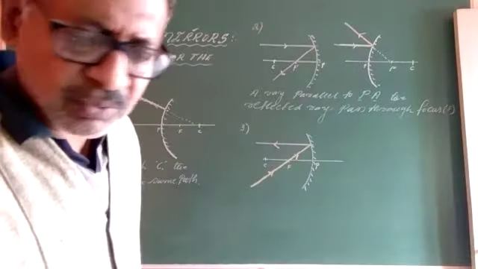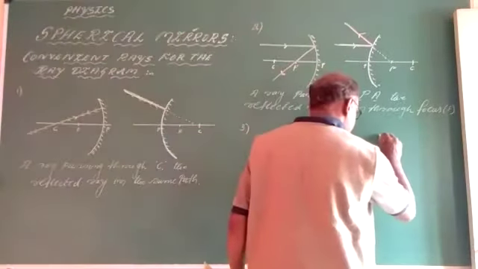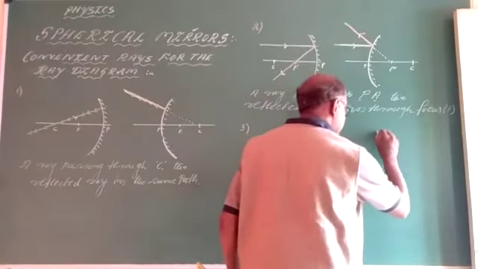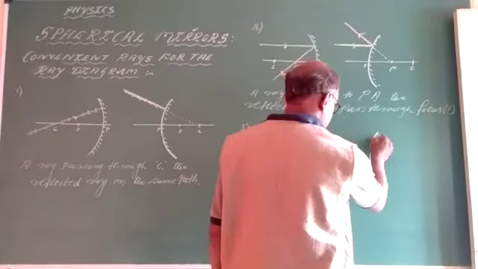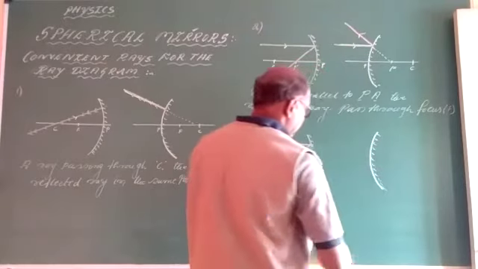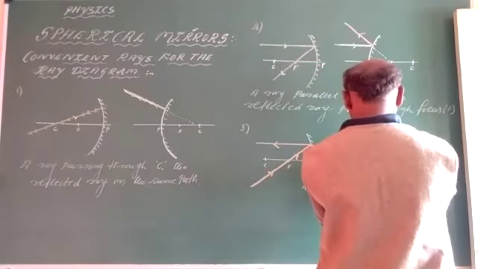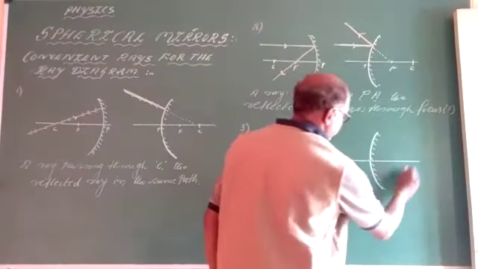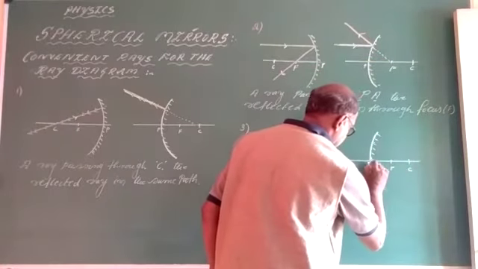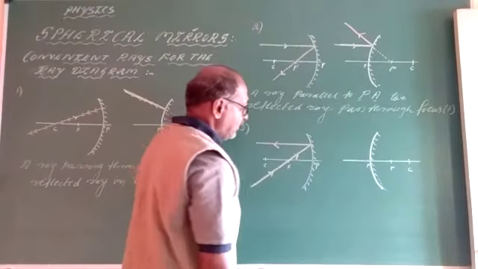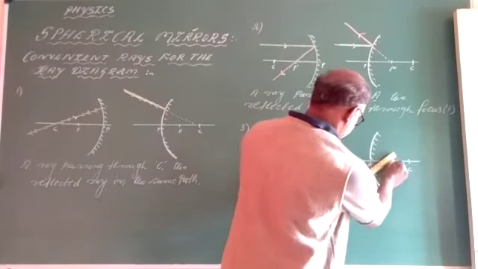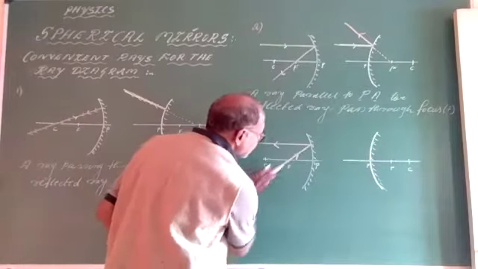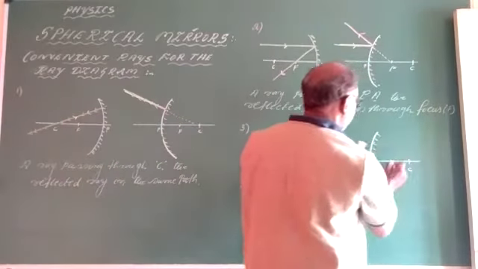It holds good for the convex also. Here we have convex, with the principal axis, center of curvature, focus, and the pole. The ray passes through the focus in this way.